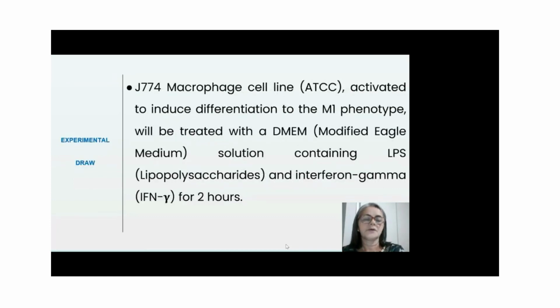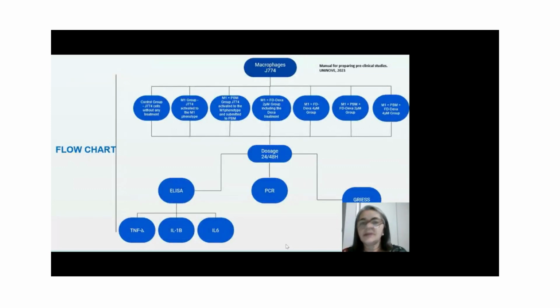Experimental design: the J774 macrophage cell line, activated to induce differentiation to the M1 phenotype, will be treated with a solution containing LPS and interferon gamma for 2 hours. Flowchart: the study will use J774 macrophages in 7 experimental groups.